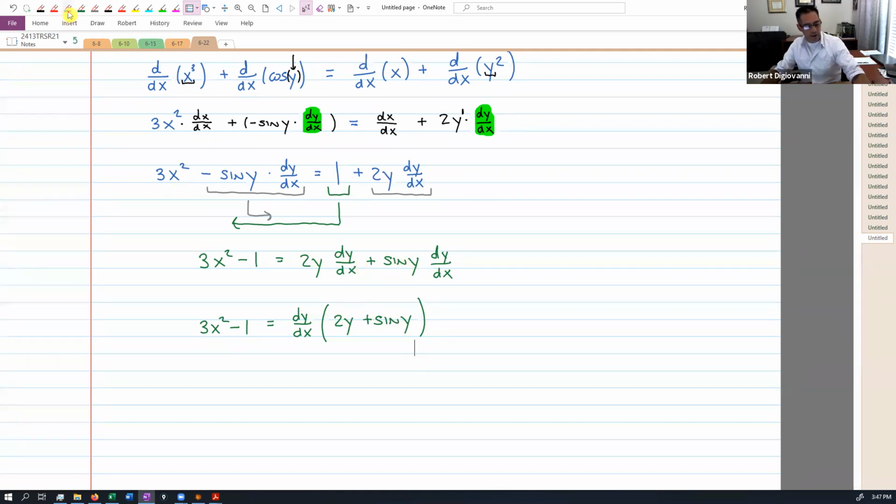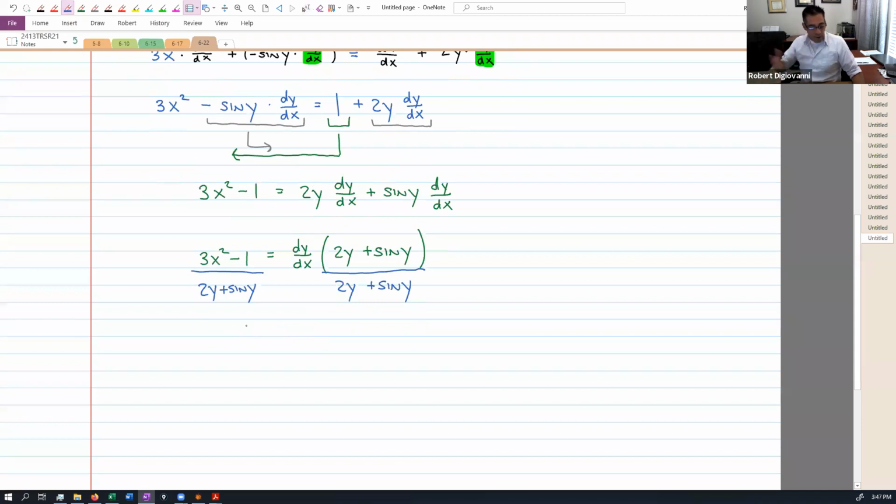And now finally, to get this out of here, unfortunately, I have to divide by the whole thing. It's the only way to do it. So whatever I do to the left, I do to the right. And so my final answer isn't going to be pretty, but it's going to be an answer. 3x squared minus 1 over 2y plus sine y equals dy dx.